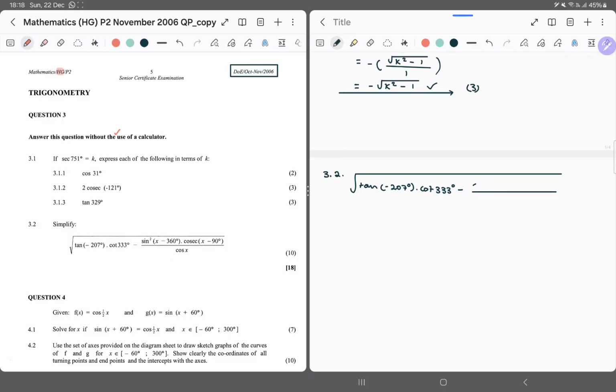So this is going to be sine of x minus 360 degrees times cosec of x minus 90 degrees, divided by cos x. Now, this is more of an identity type of question.